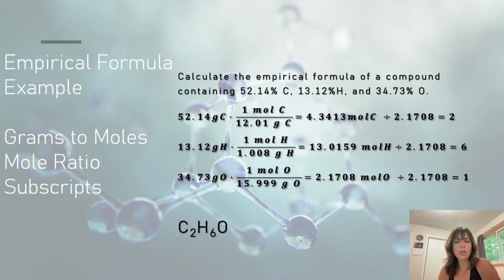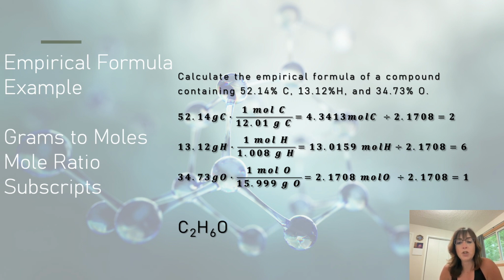Let's take a look at an example of how to find an empirical formula. The problem says, calculate the empirical formula of a compound containing 52.14% carbon, 13.12% H, and 34.73% O. They're percentages, so remember, if you have 100%, you can assume you have 100 grams, and then you can just make the percents be grams.